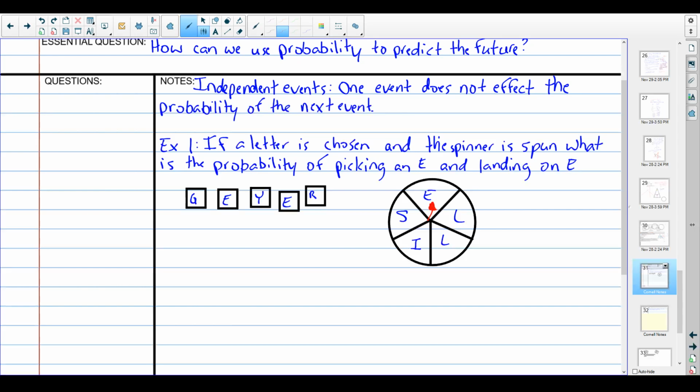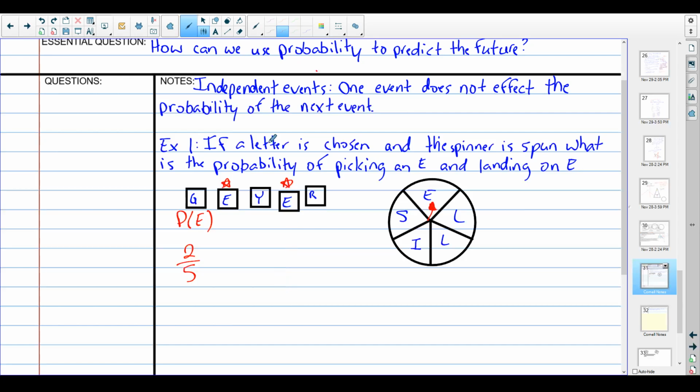All we have to do here is we say what is the probability of either of these events happening. So if we start with the letters, we want the probability of getting letter E. How many favorable outcomes are there? There's 2 E's here. There's 2 good outcomes out of 5 letters total.